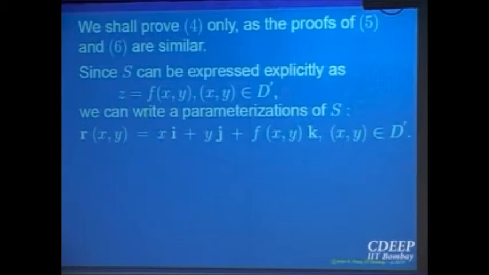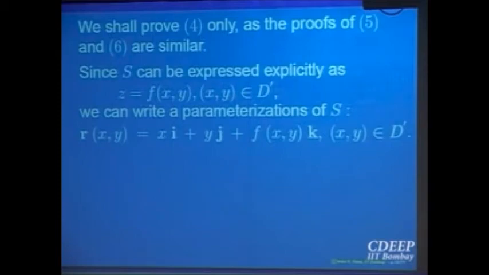Once you have chosen this special parameterization for the surface as projectable, I can compute the normal more precisely. What will the normal be when it is explicitly written? Remember, when the surface is written explicitly, the normal comes out to be minus f_x i minus f_y j plus k.